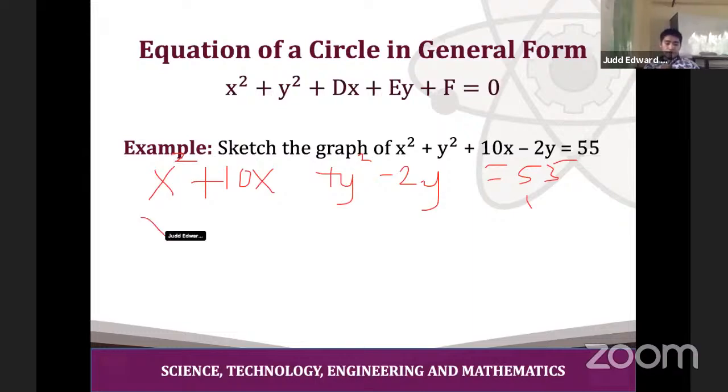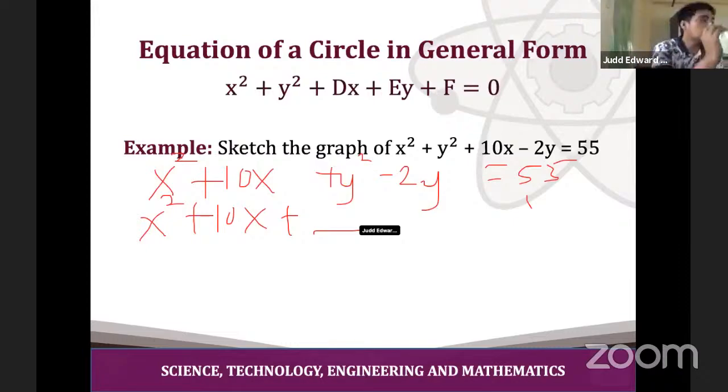Therefore, we will now be having x squared plus 10x plus, mag-iwan tayo dito ng line para alam natin kung ano yung i-complete natin. Di ba the formula for completing the square is just b over 2? Okay. What is the value of b? Ano yung value daw ng b dito? The value of b in here is 10.